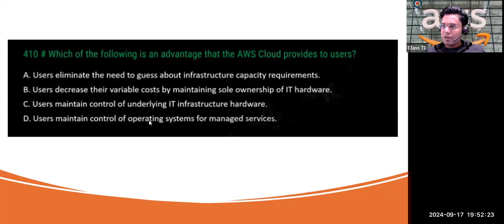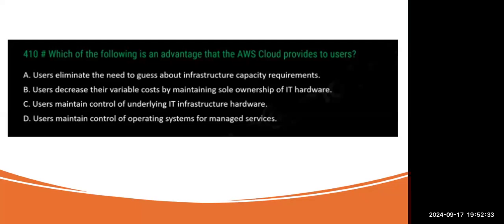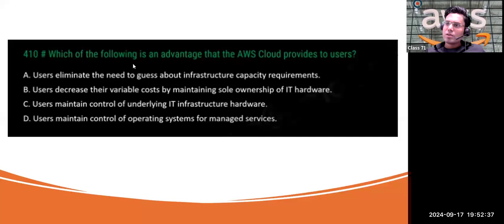So, users maintain control of the operating system, managed services, users maintain control of underlying hardware. I would say A. Yeah, correct. Users don't need to guess about infrastructure capacity. Yesterday was the same question, like stop guessing capacity. So same, but they changed the words.